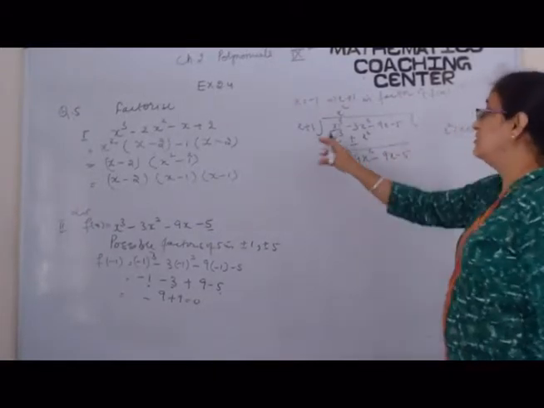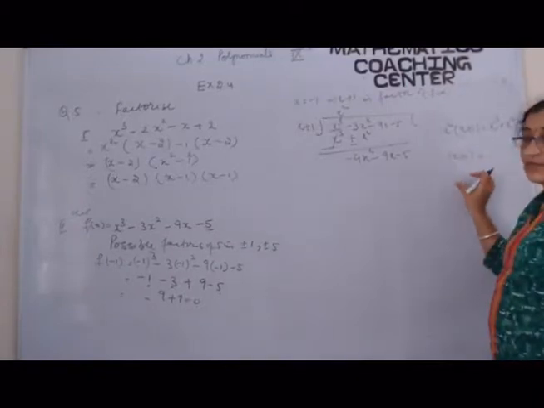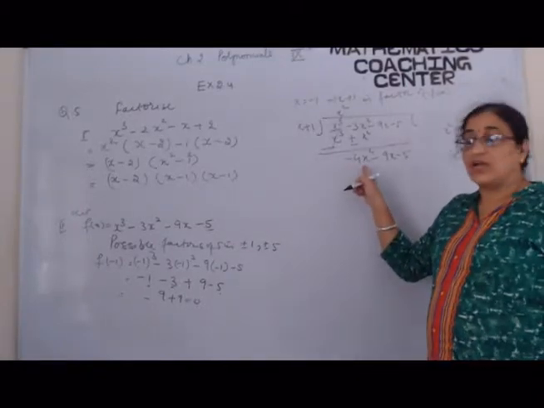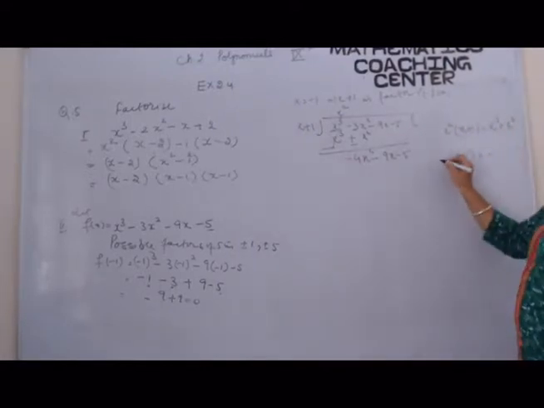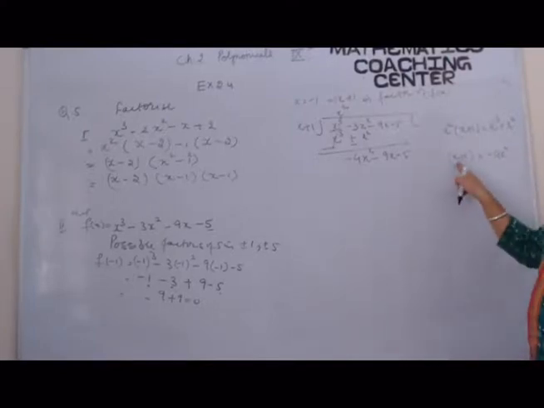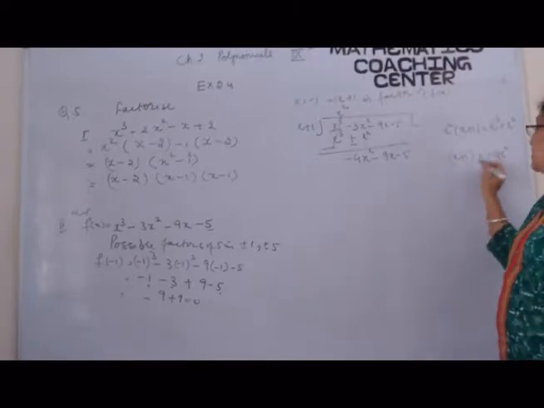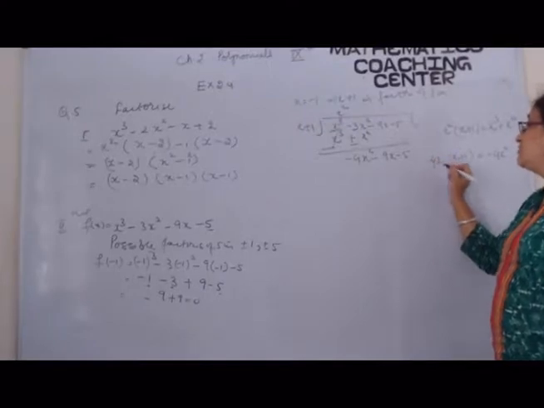Now again we have x plus 1. By what do we multiply so that it becomes minus 4x square? The required result is minus 4x square. Here is x, so you multiply it by x, then it becomes x square. You need the number minus 4, so we multiply it by minus 4x.